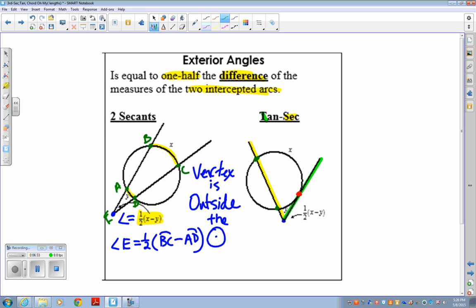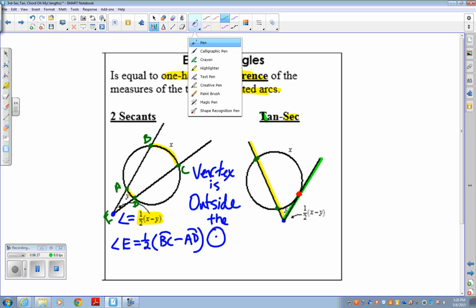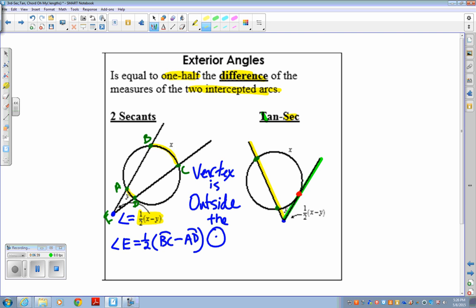Same thing, we're still going to have an exterior angle. To find the measure of that exterior angle, we look at the intercepted arcs. We have the arc here with X and the arc with Y, and so the same formula will hold true. The exterior angle is going to equal 1/2 the difference, X minus Y, of those two arcs.